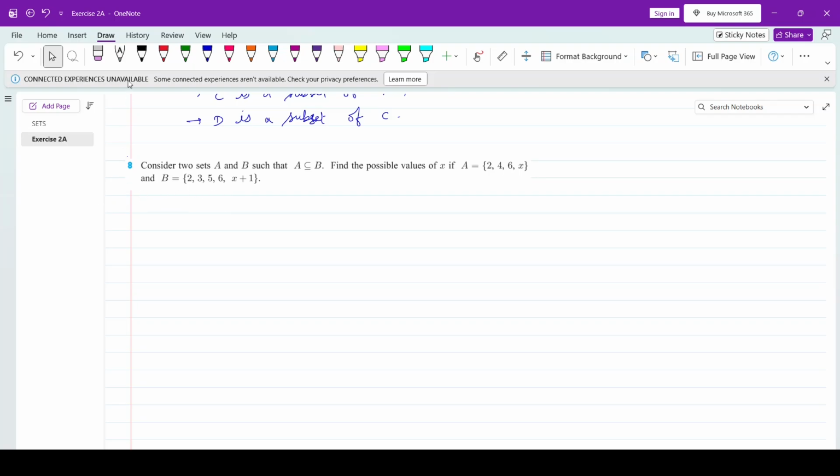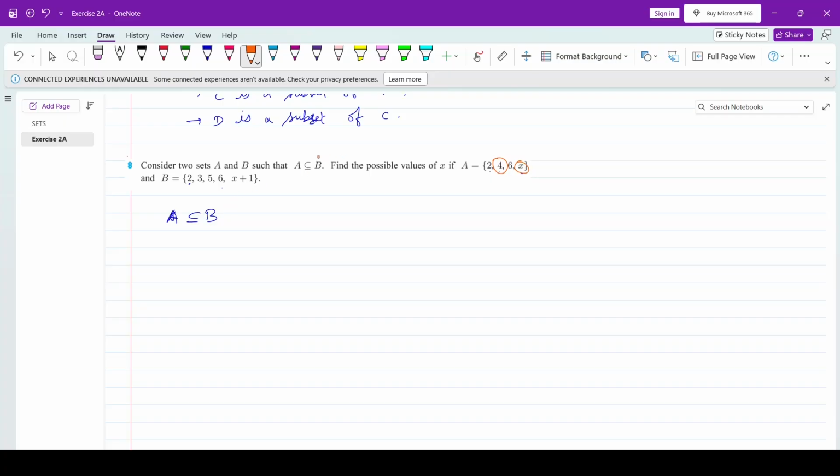Now we know A is a subset of B. That means each element of A must be present in B. Now from here we see 2 is present, 4 is not present, 6 is present, x is not present.